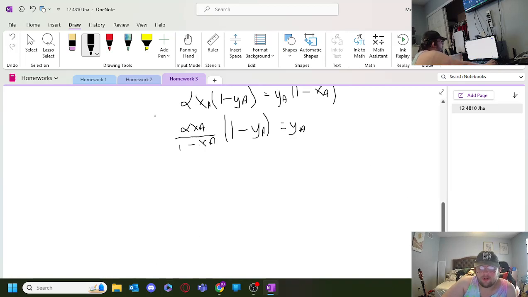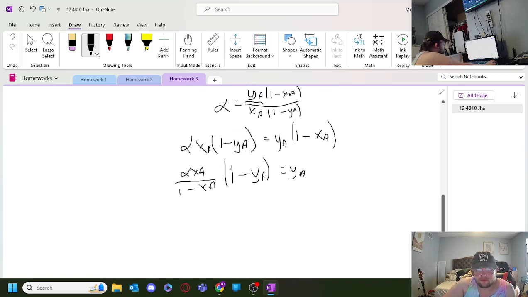So from here, what we need to do is we just need to distribute. So alpha XA over 1 minus XA stays on this side, and then we're going to combine two steps. This is going to distribute to the YA, and then we're just going to add that to this side.